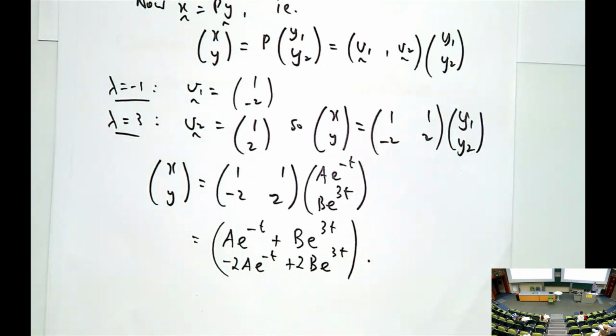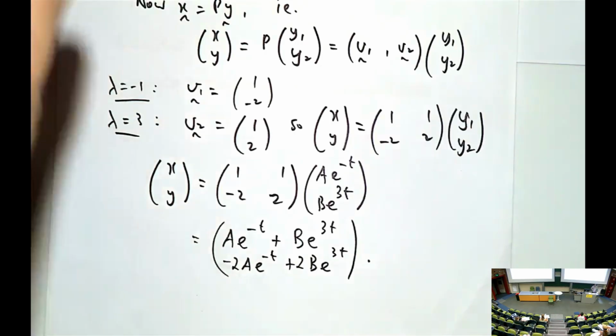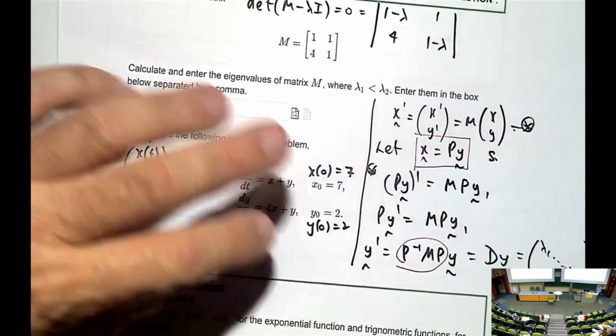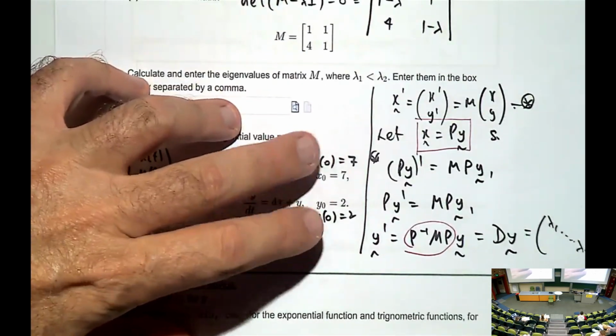And there it is, A and B are constants. So we solved the simpler problem with the diagonal, we got exponentials, then we transformed everything back. All right, so how do we get A and B? You get them from this information.